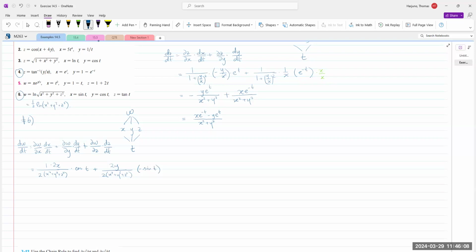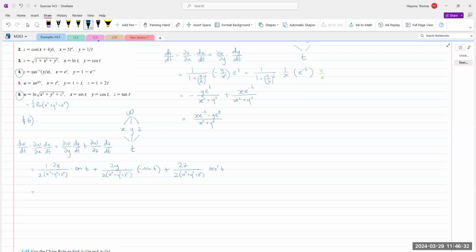And then plus, similarly, the derivative of tangent t is secant squared t, so this is 2z over 2 times x squared plus y squared plus z squared, times secant squared t. So I think I can cancel the 2.